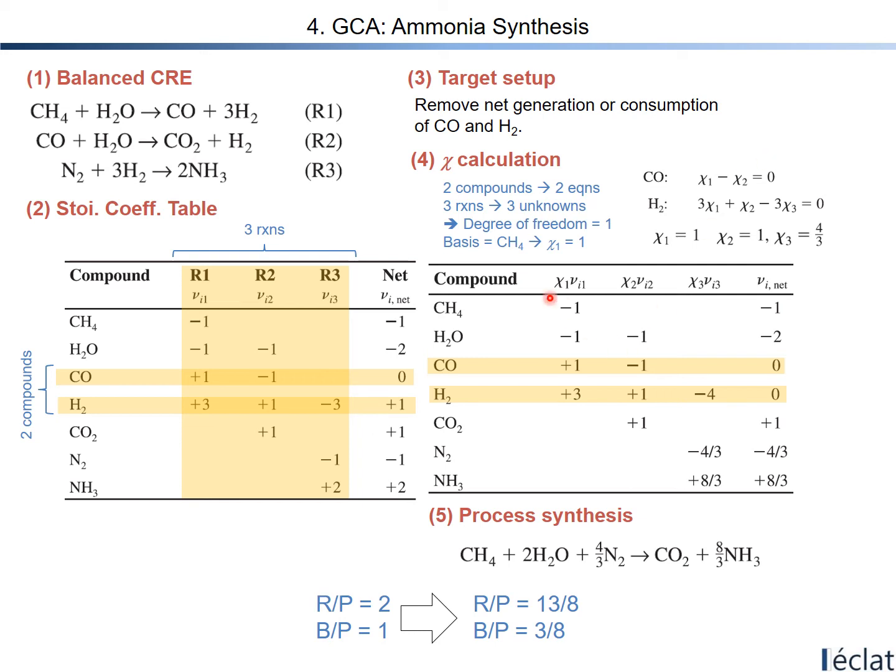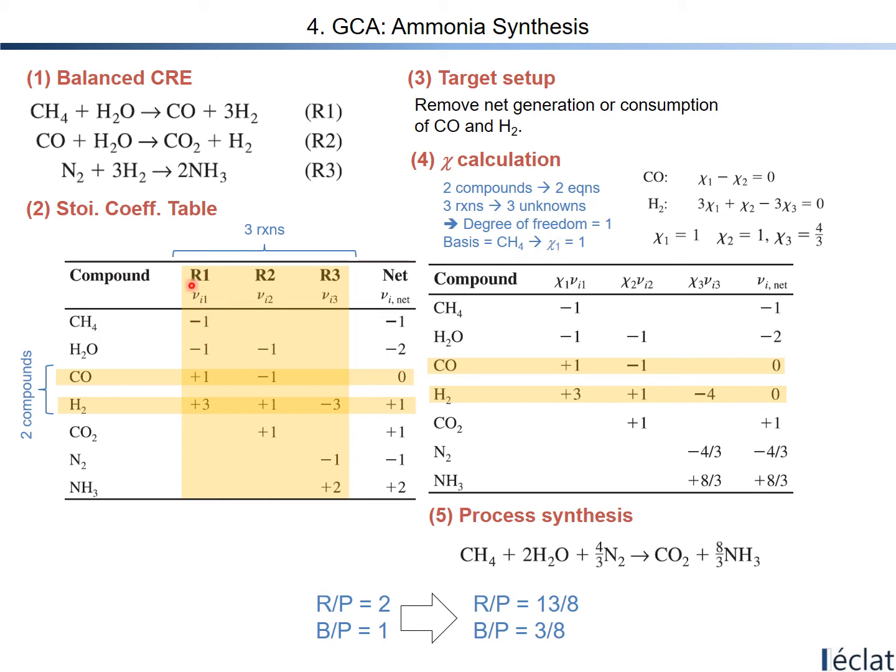In this case, you should fix one of the unknowns, or one of the weight factors. I'd like to choose methane as the basis, and in that case Chi1 is equal to 1. Look at that, the stoichiometric coefficient of CH4 is only in reaction 1, and it is 1.